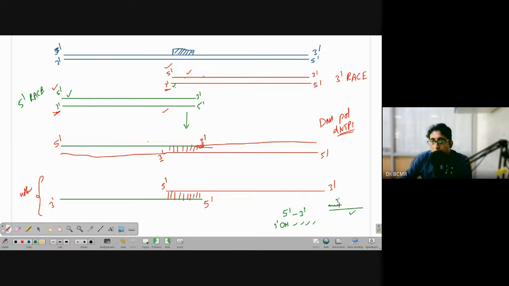Then this should be the 3 prime OH, and more and more bases would be added like this. But in the second product, this is 5 prime, and DNA polymerase cannot do anything about it. What we'll get here is the product of interest, which we can then clone and study.